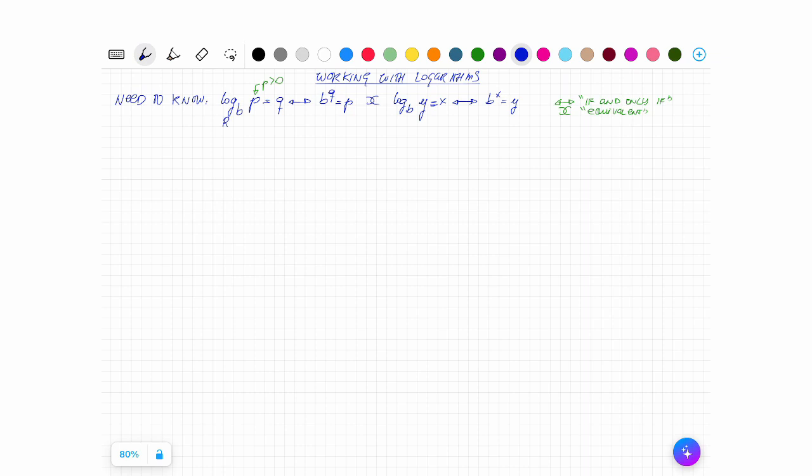And then I need to know the rules of logarithms, sorry. The first one is the logarithm of a product. It's the sum of the logarithms. Then if I've got a quotient, it's logarithm of a minus the logarithm of b. And if I've got an exponent, a to the b, it's b times the logarithm of a.